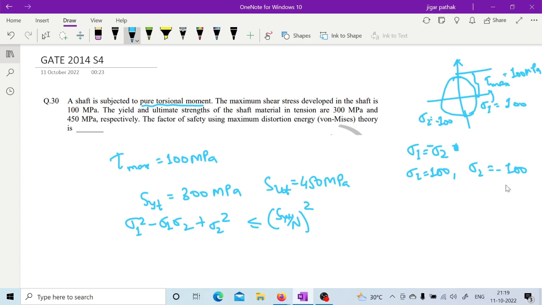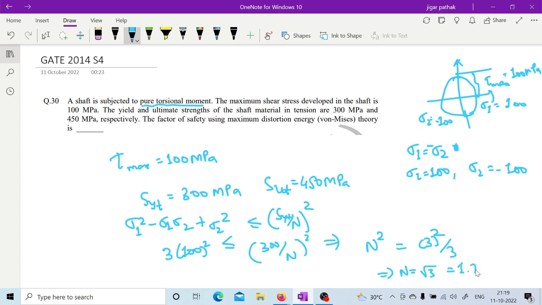So if you put sigma 1 and sigma 2 as plus and minus 100, you will have 3 into 100 square less than or equal to 300 by n square. Further, n square is equal to 3, so n is equal to root 3, which is 1.732.